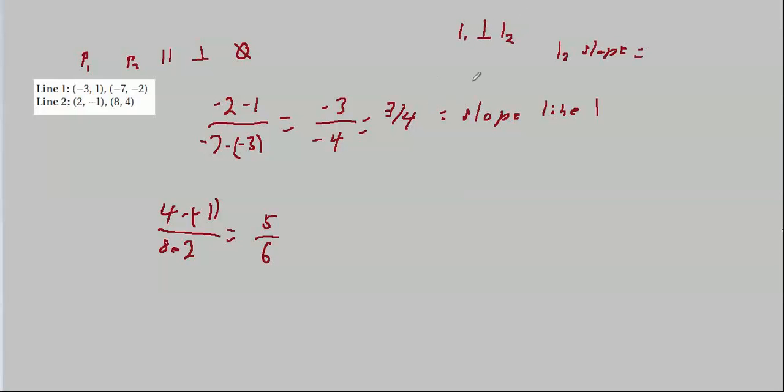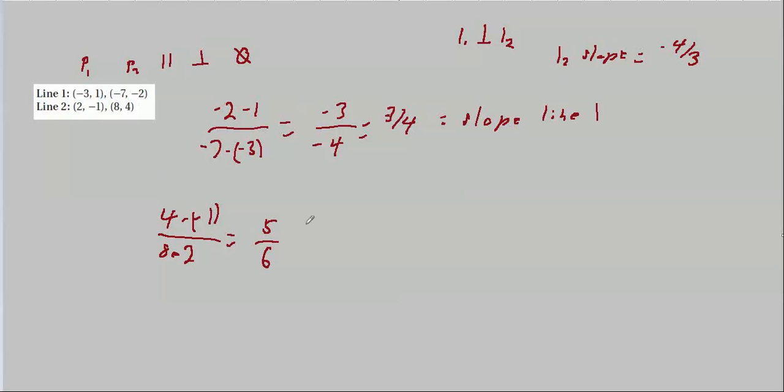Negative reciprocal of that, which would be minus 4 over 3. And just to double check, let's make sure I did not make an arithmetic mistake here. 4 minus 1 is 5, 8 minus 2 is 6. Yeah, I don't think I made an arithmetic mistake. Just to double check, guess what we're going to do next? We're going to graph these 2 points and see what the two lines actually look like when we connect them up.